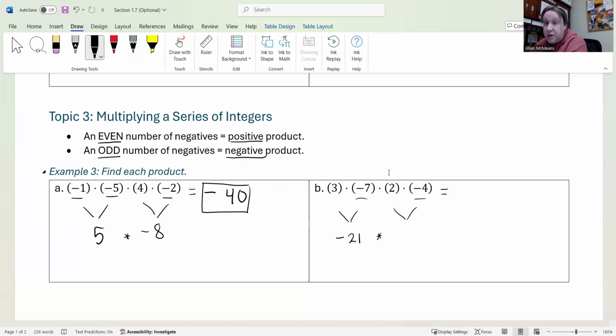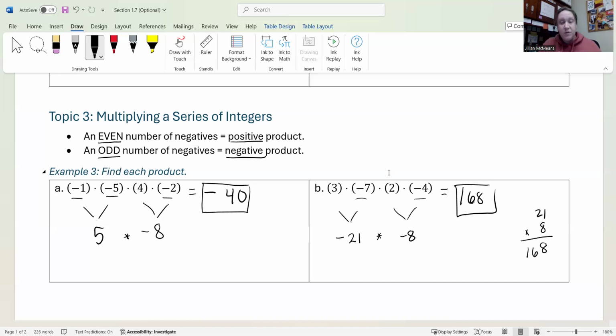And then 2 times 4 is 8, but this time we have 2 times -4, which is -8. So you can see here at the end, we're multiplying 2 negatives, which just verifies that we're going to have a positive product. And then let's see what 21 times 8 gives us. Well, when I go to do the side work, I get 8 times 1 is 8, and then 8 times 2 is 16. So we should get positive 168.